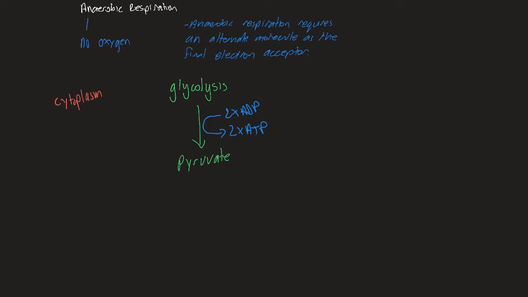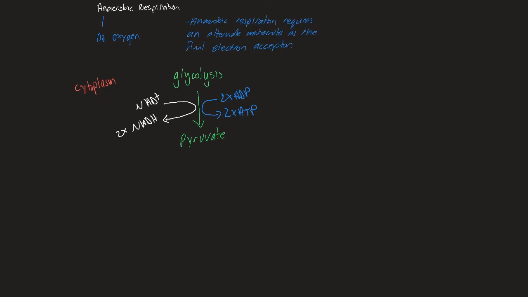So we have NAD plus, and NADH is formed in the process of cellular respiration, and we have 2 of those. 2 NADHs are produced. So we've got high energy electrons that need to be accepted by a different molecule, not oxygen, because there's no oxygen present.